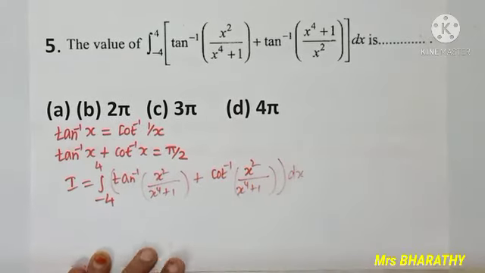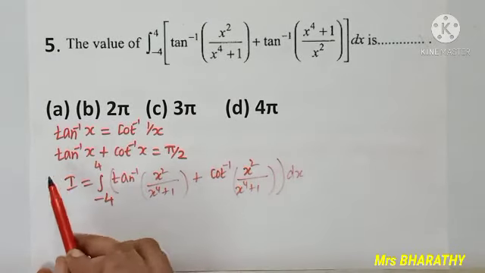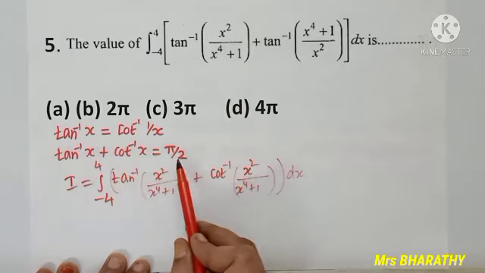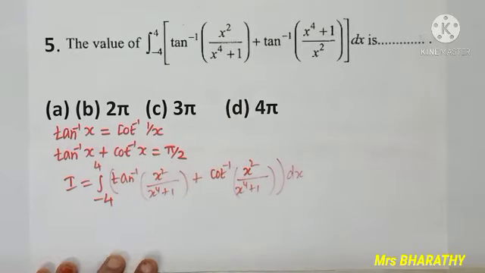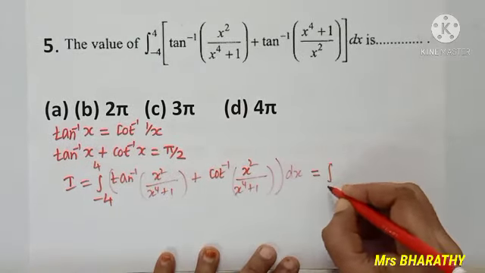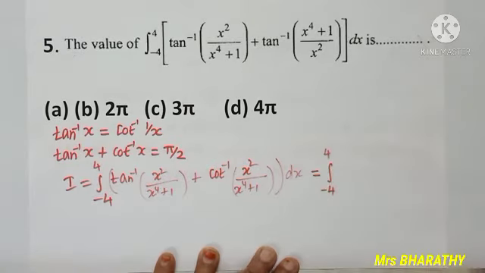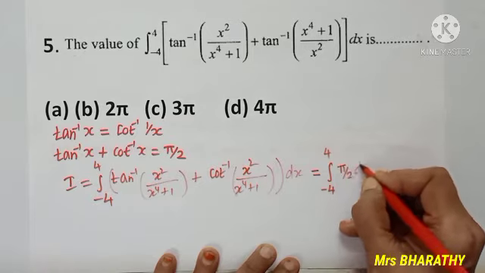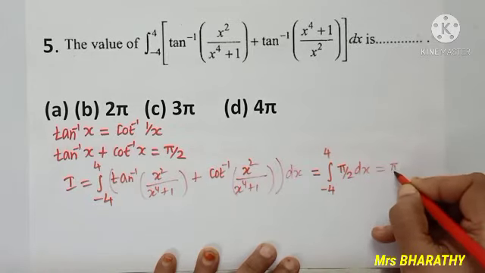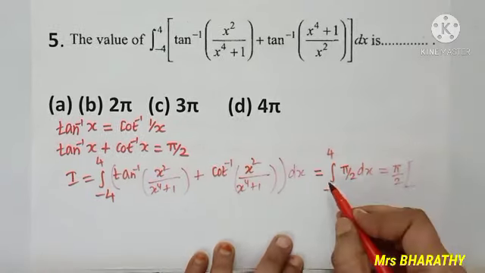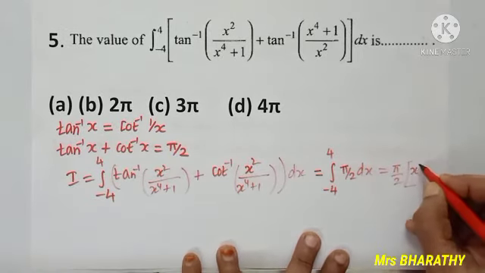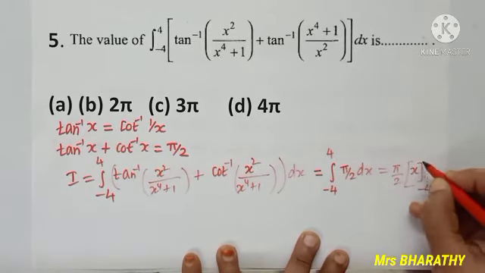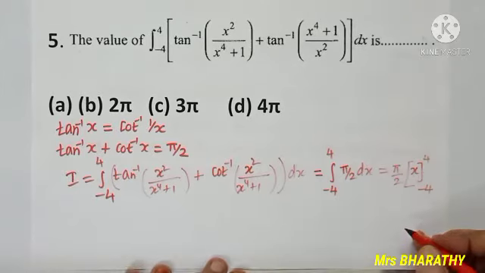And as I recall the formula, tan inverse x plus cot inverse x is always pi by 2. Just applying it here. Integral minus 4 to 4, this entire answer just becomes pi by 2. Keeping pi by 2 out, integral dx is just x. Put the limits from minus 4 to 4.